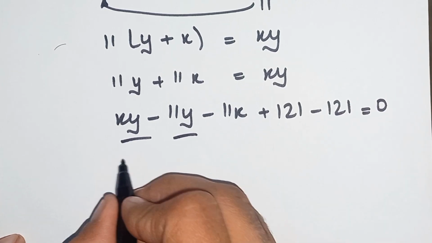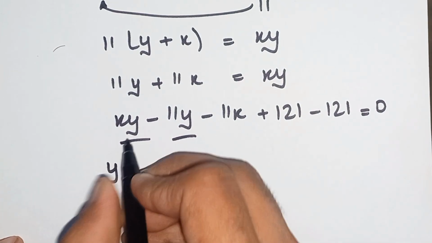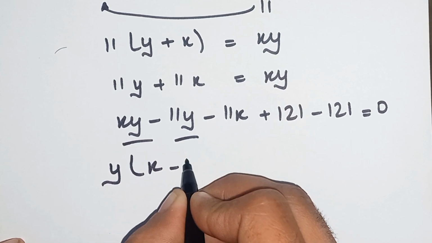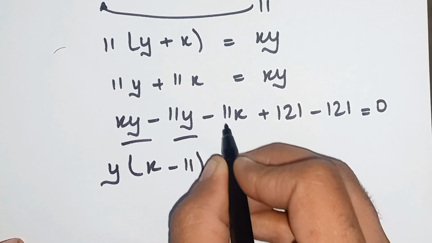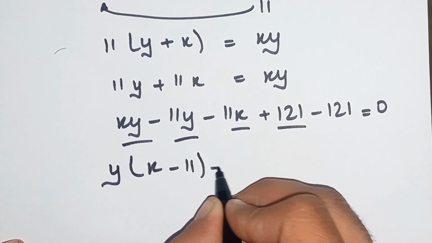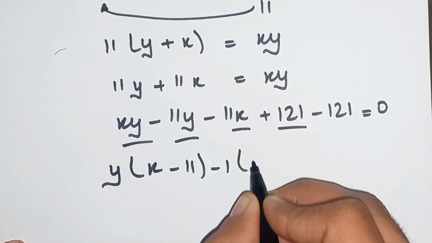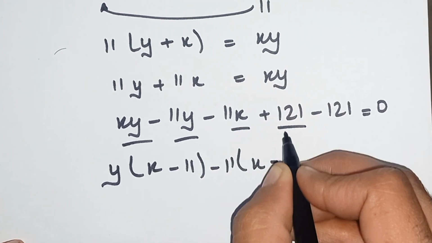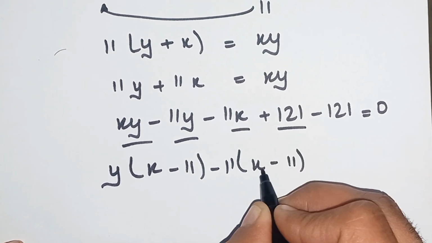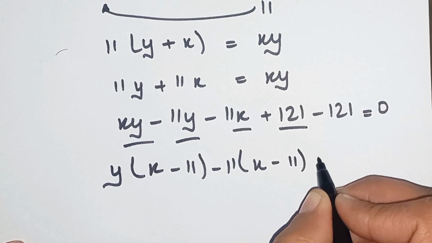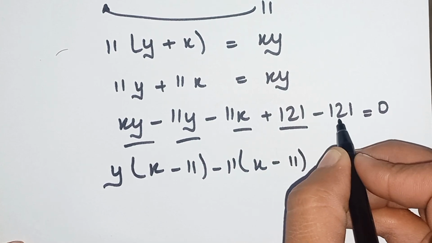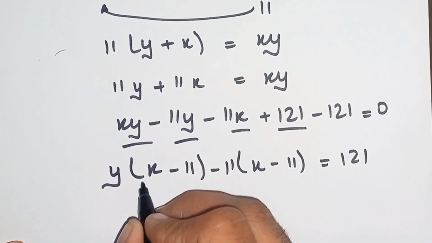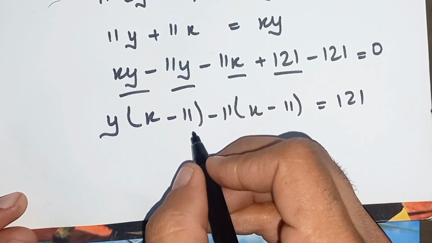We take y common, the remainder is x minus 11, and here take minus 11 common. So the remainder is x minus 11. Sorry. So here the result will be x minus 11, and what's there is the minus, and on the equal side, plus 121.